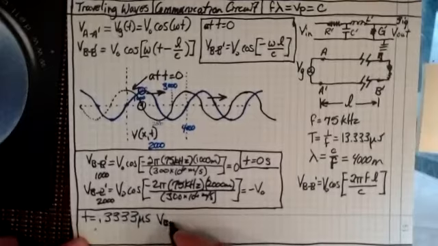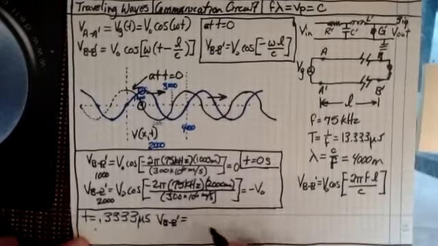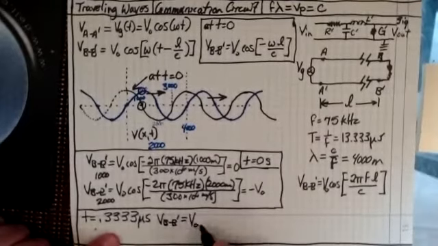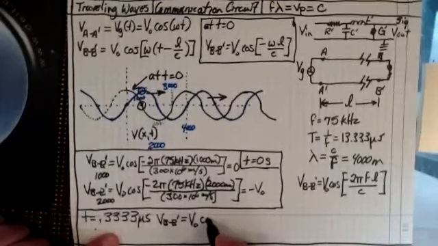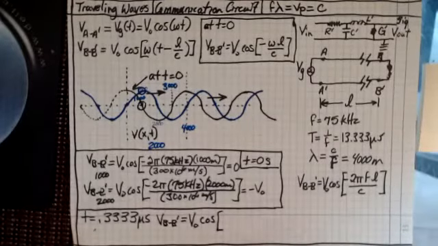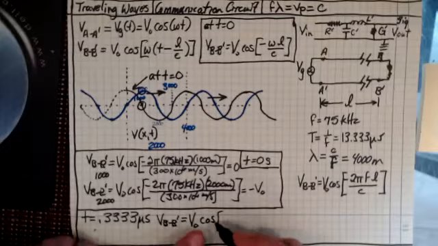I'll put it up here. V sub B, B prime is going to be V0 times the cosine, because now we have to include the omega t too, don't we?